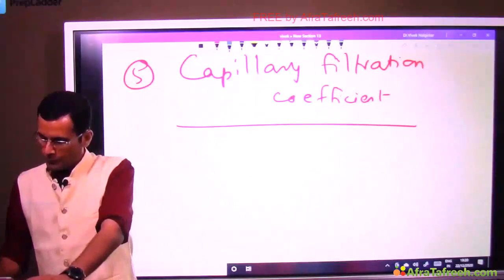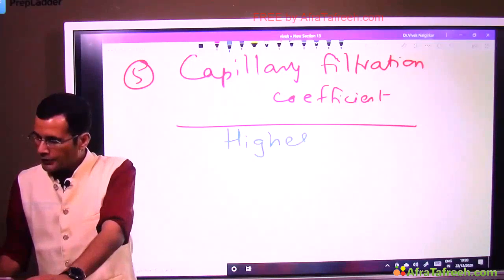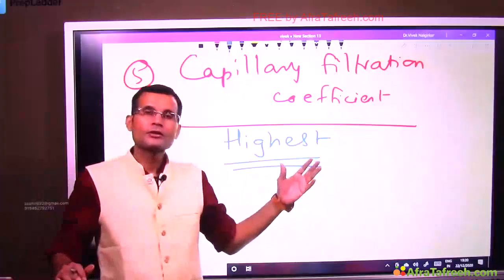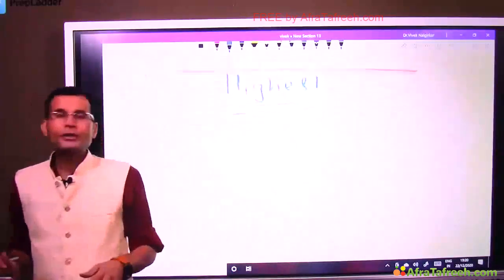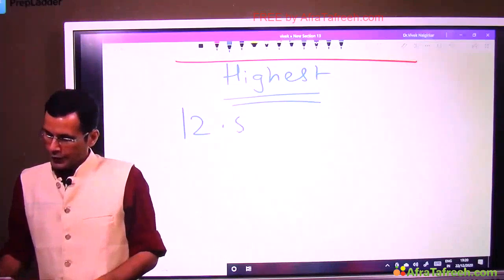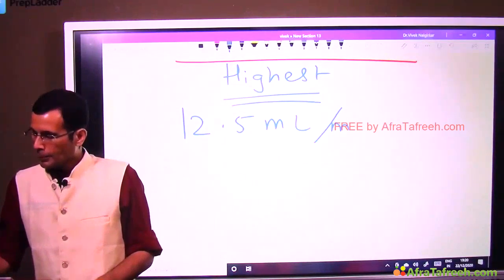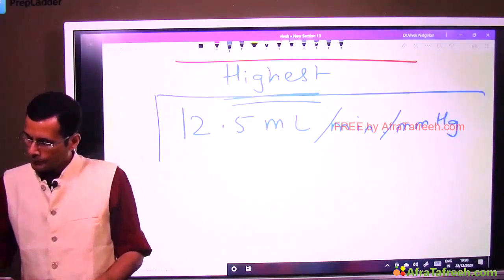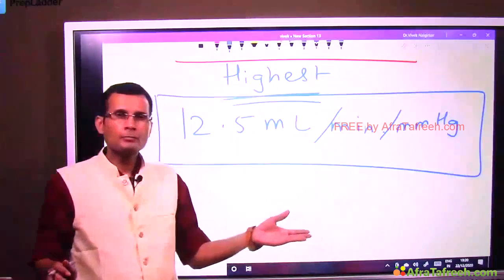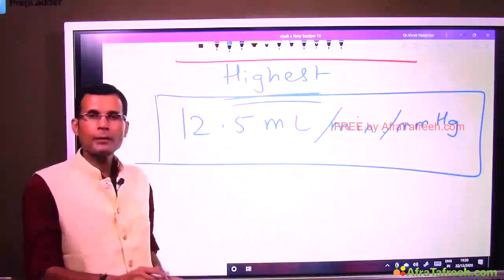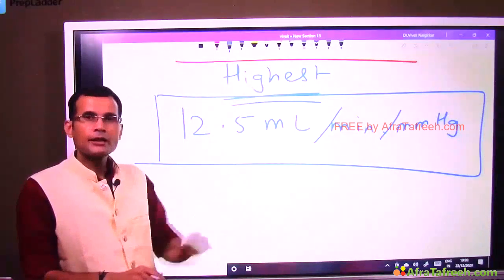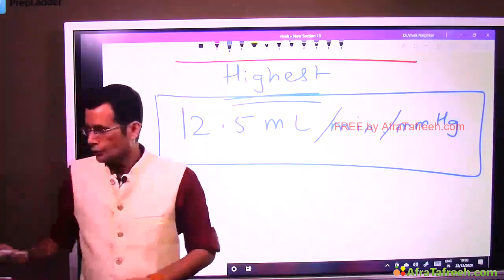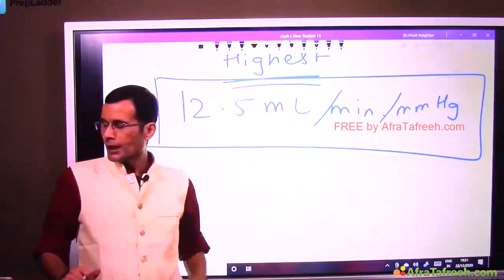This also is highest in the body in the glomerular capillaries. So another highest thing. How much is it? It is 12.5 ml per minute per mm of Hg. Very, very high. Elsewhere it's less than 1 ml per minute per mm of Hg in the systemic capillaries, in the tissues. Here it's very high.